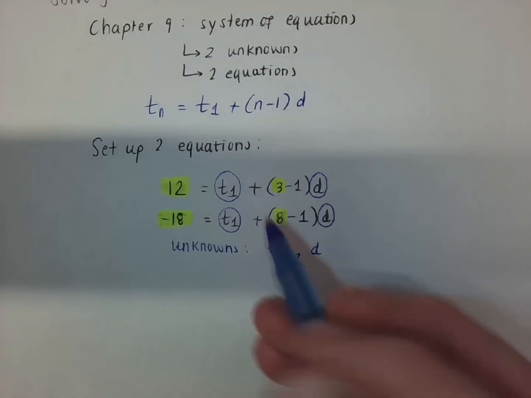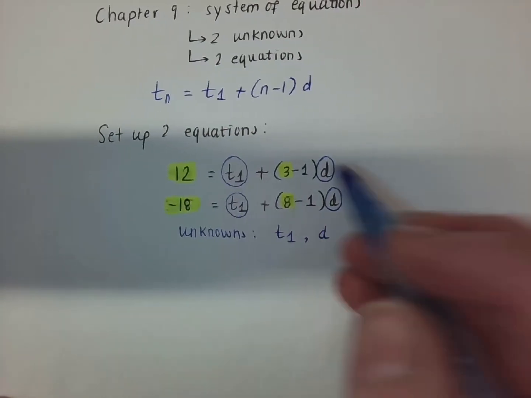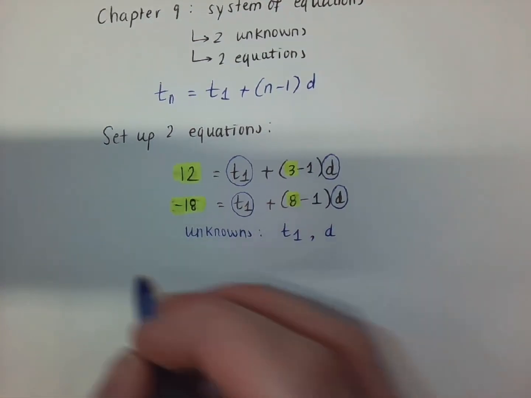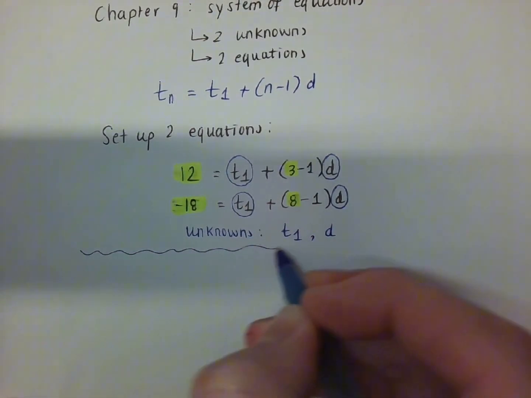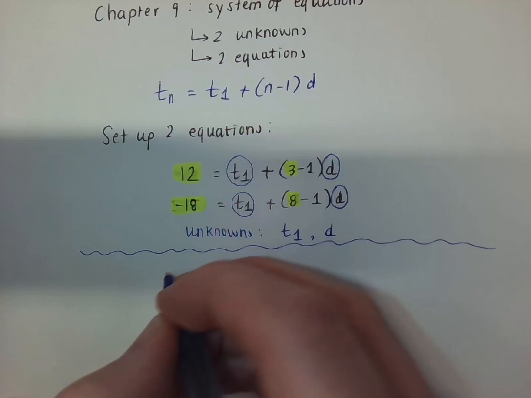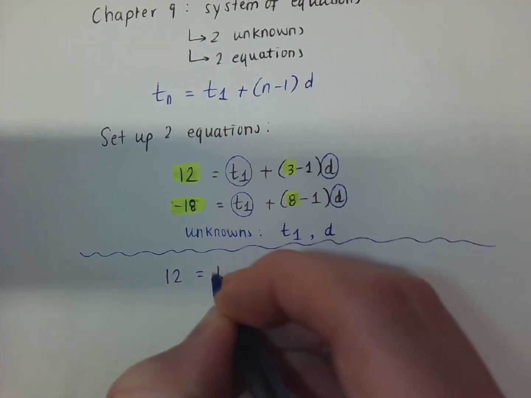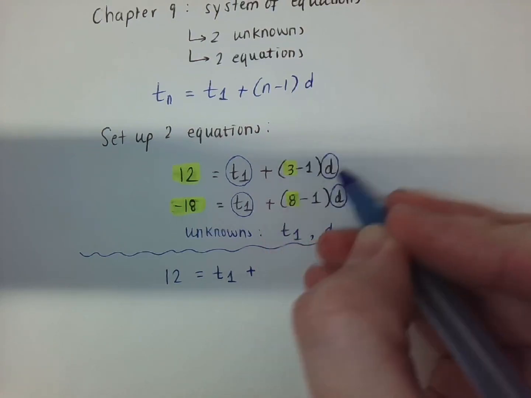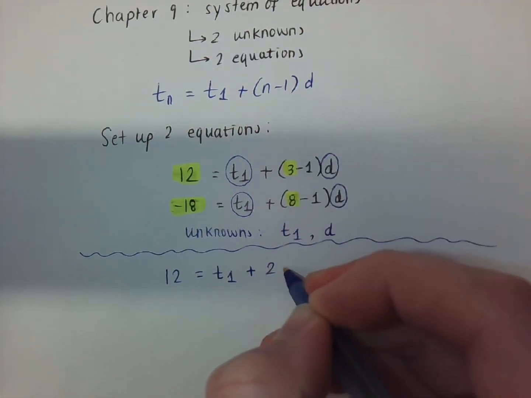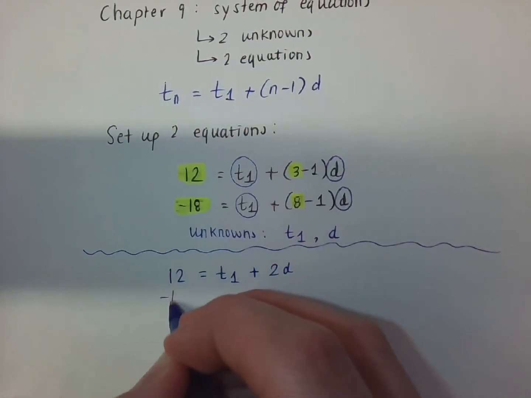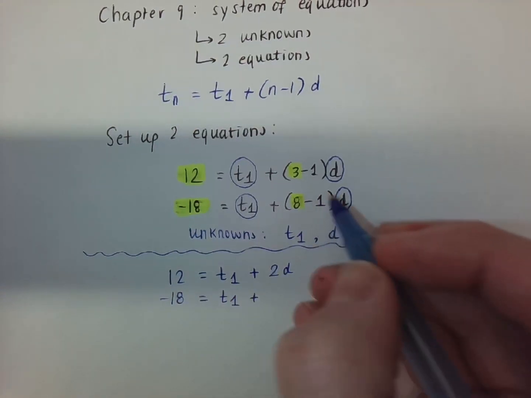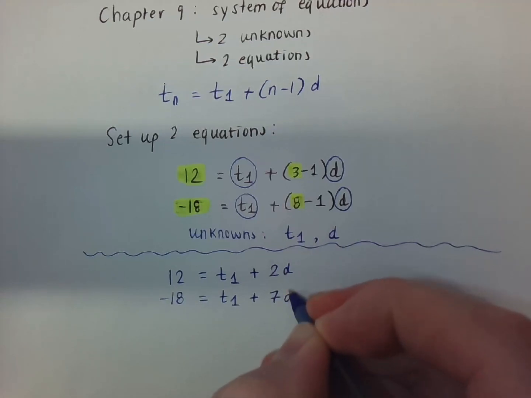So let me get my equations a little bit nicer, just because I know I can simplify a little bit. 12 equals T1 plus 2d. Negative 18 equals T1 plus 7d.